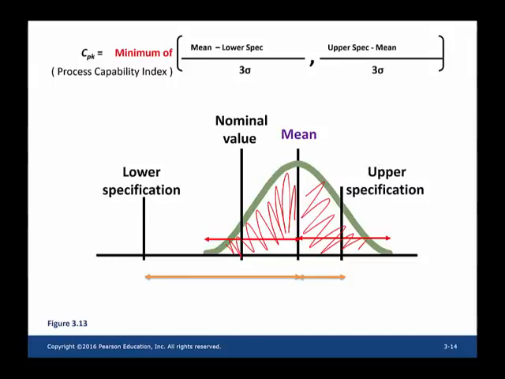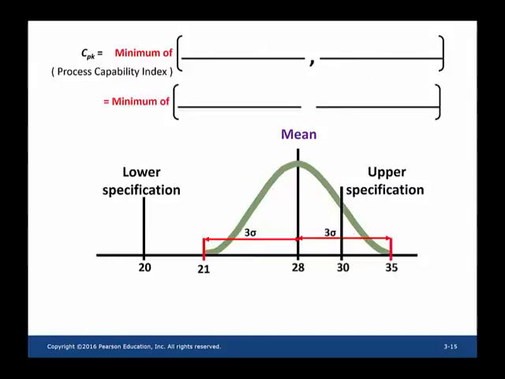Let us take a look at the illustration with numbers in it, right? So first let us calculate mean minus lower specification, right? In this case, 28 is the mean, minus 20 is your lower specification, divided by your 3 sigma, which is given by this distance, 28 minus 21.